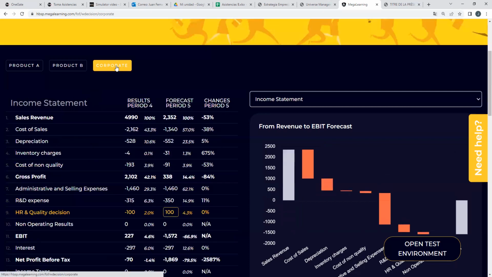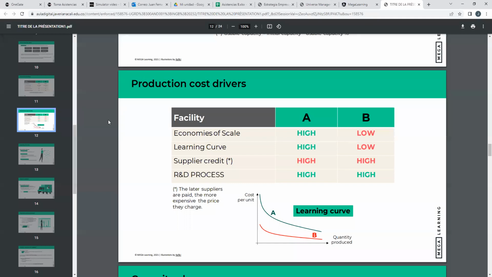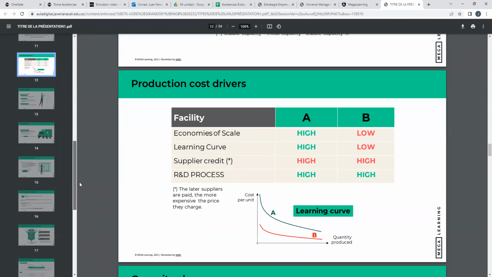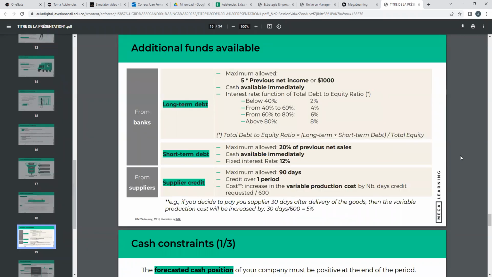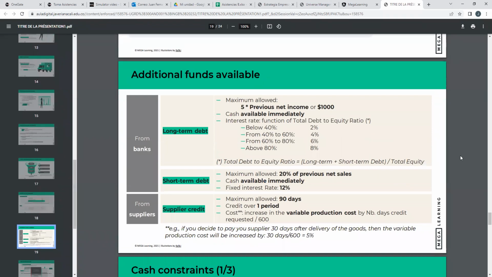So I'm going to explain here the decisions that are not at the product level but at the corporate level. Those decisions are especially related with this information.